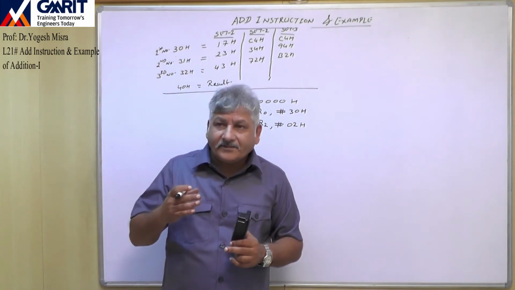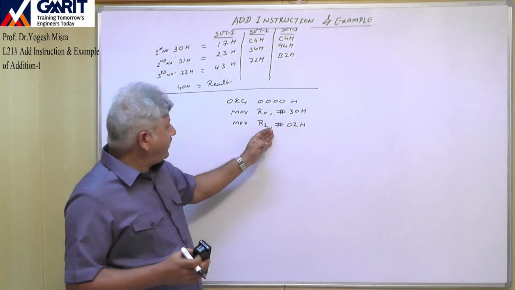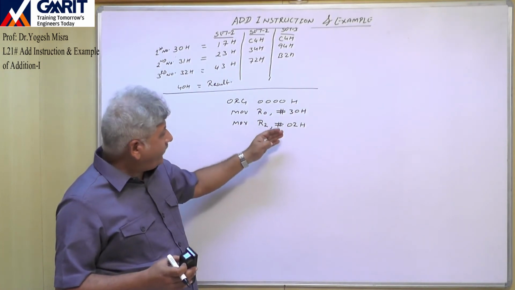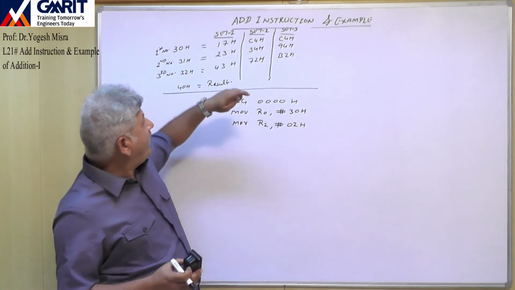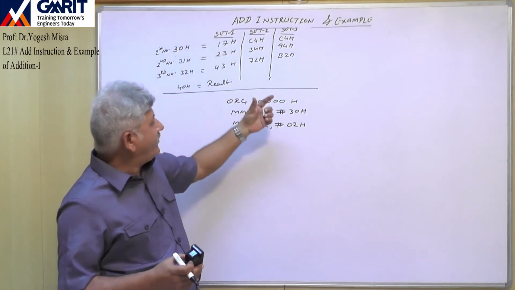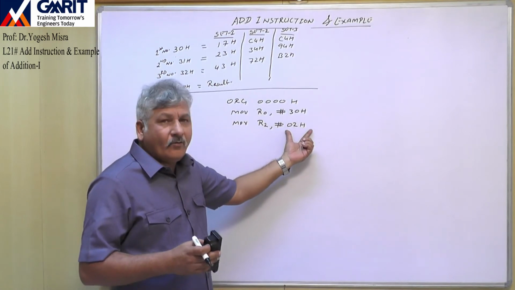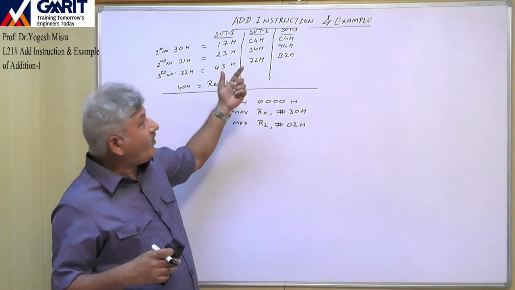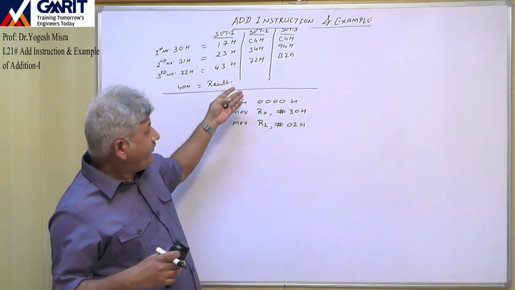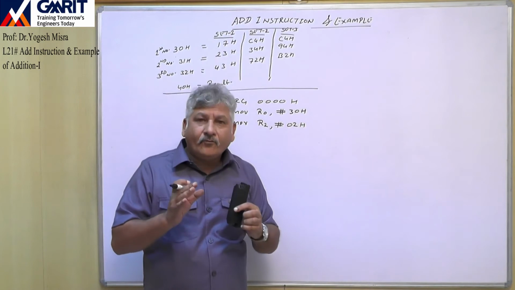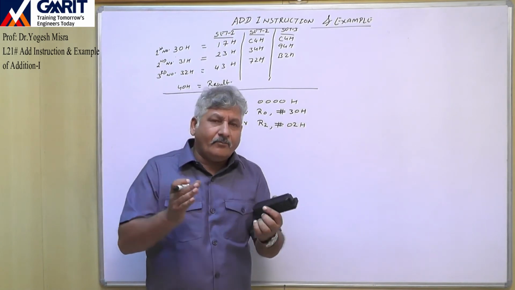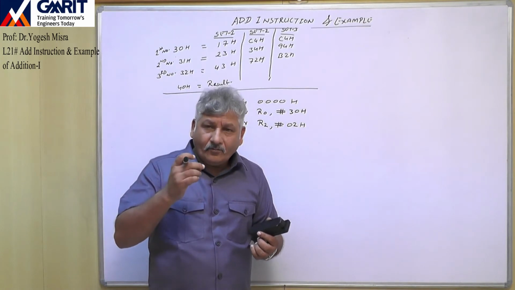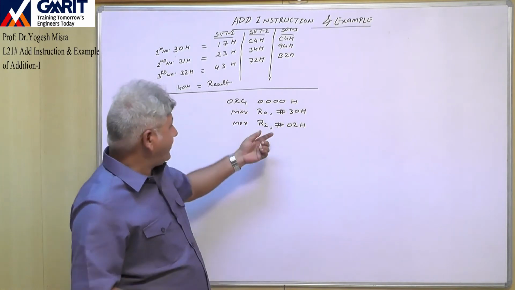the three numbers. So in the logic which I am going to use in this program, if I want to add three numbers, then I have to take the counter one less than that, that is 2. If I have to add 5 8-bit numbers, then I will take the counter 4. So total how many numbers I am going to add, I will take counter one less than that number.